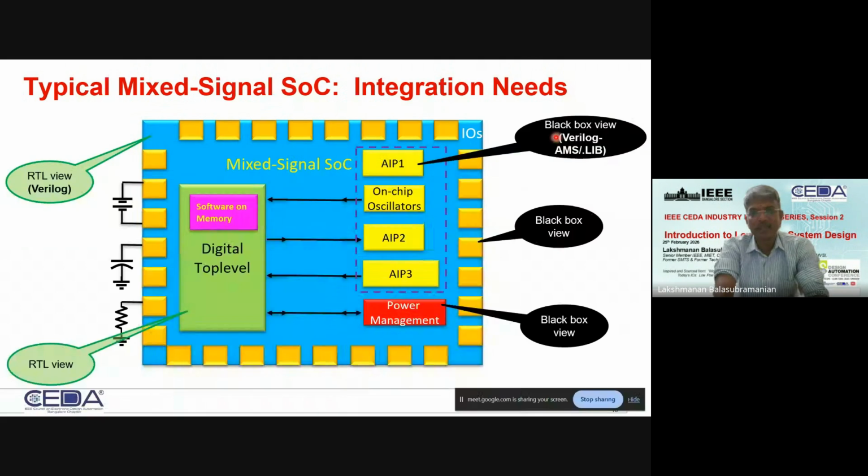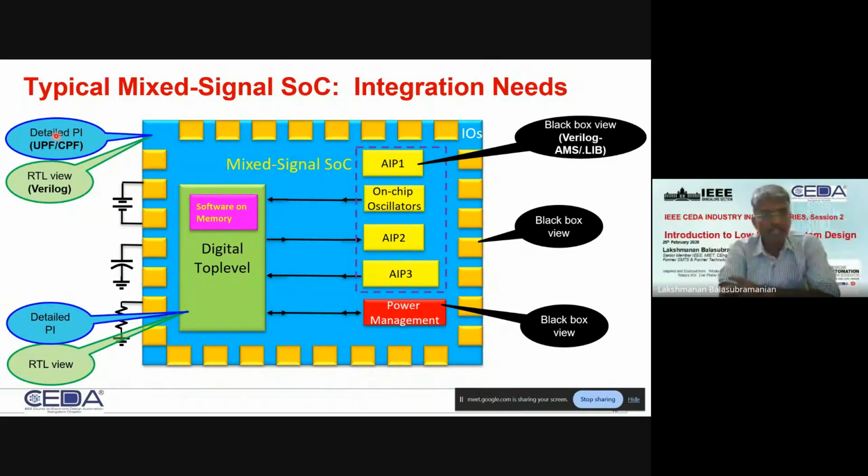Their boundary conditions are enough for integration. They are captured in a black box view. It could be Verilog-AMS, it could be .lib, it could be macro CPF or UPF power models and things like that, right? I just made this very generic, so I'm not explicitly making the specific CPF and UPF related comments in the PPT, but of course I can annotate them.